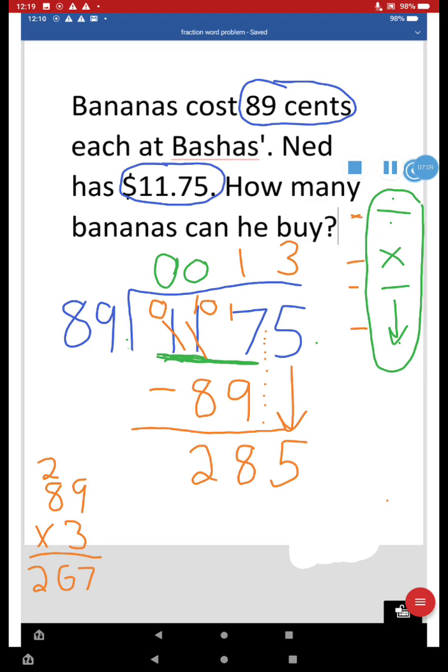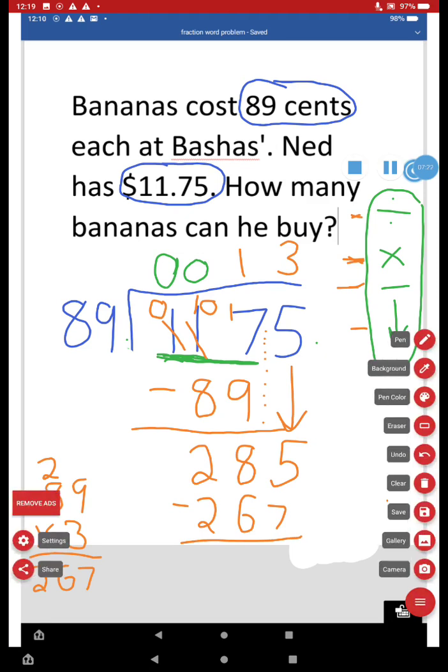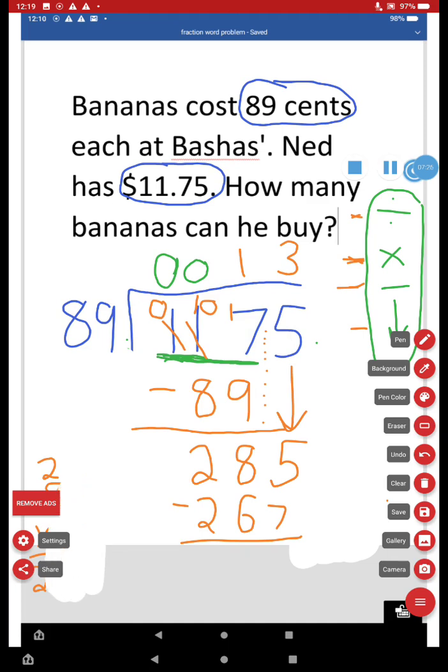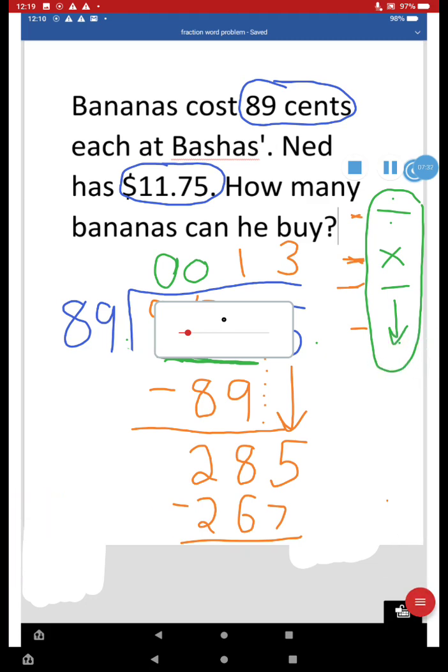Now that we've divided, let's multiply. 3 times 89 is 267. Now that I've multiplied, I'm going to subtract. Remember, on your notebook paper, you can keep all this written down, but I'm just going to erase this two-step multiplication over here so we have a little bit more space to work. All right, let's do a little bit of subtraction now. 5 subtract 7. 5 is smaller, I can't do that.